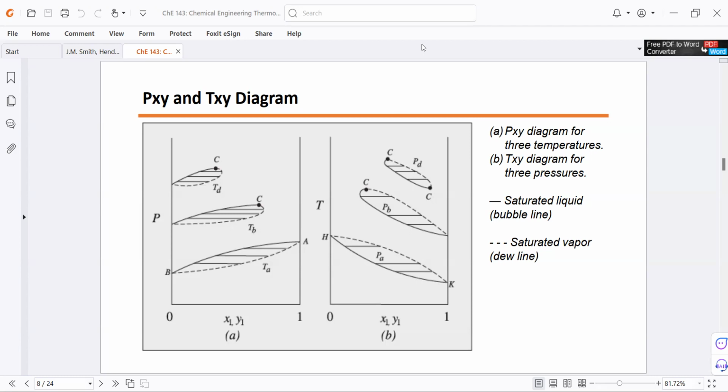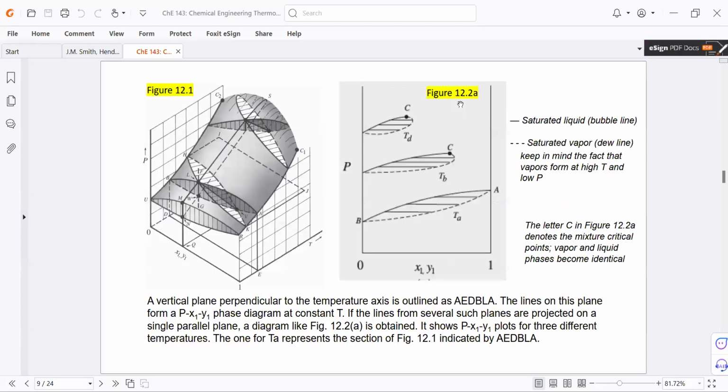All right. Okay, so the next slides actually just show what I have discussed, but let's review again for the PXY diagram. The saturated liquid is the curve above the area, and the saturated vapor is the one below.